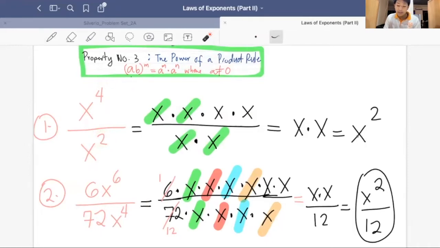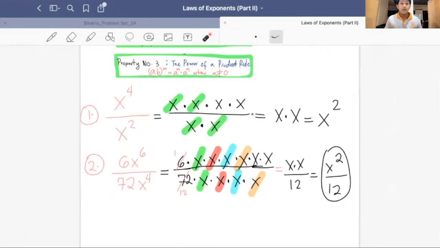That's why it became x squared. And in this case, x to the 6 over x to the fourth, 6 minus 4 is just 2, right? And then that is over 12 because we have to simplify 6 over 72. All right, with these two examples, we are going to generalize our property number 4, and this is the quotient rule.